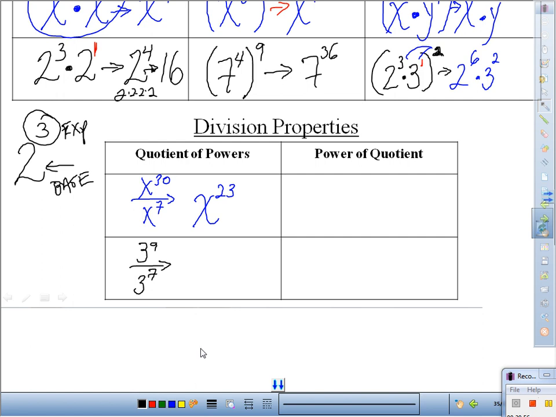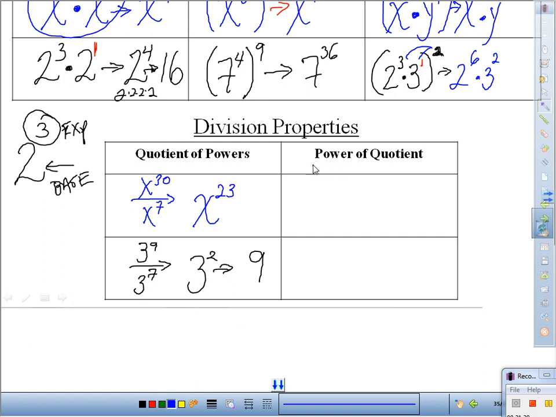Share with your neighbors, see what they got. All right, let's see. Chloe, what'd you get? 3 to the 2nd, which becomes 9. That is correct. Hands, have you got that? All right. Let's go to the next one.